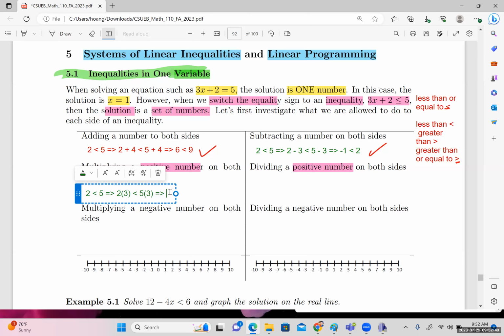I will have 6 less than 15. Is that true? Yes, it is true.